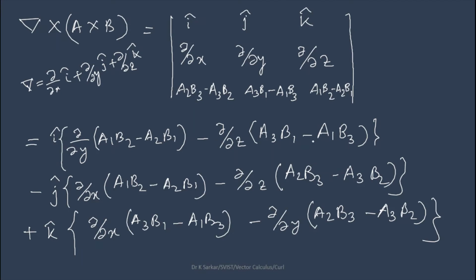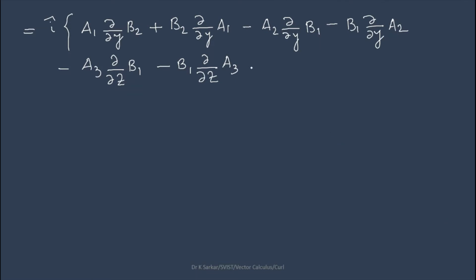Then minus this minus and that minus is plus del/del z of A1 B3, which gives plus A1 del/del z of B3 plus B3 del/del z of A1.